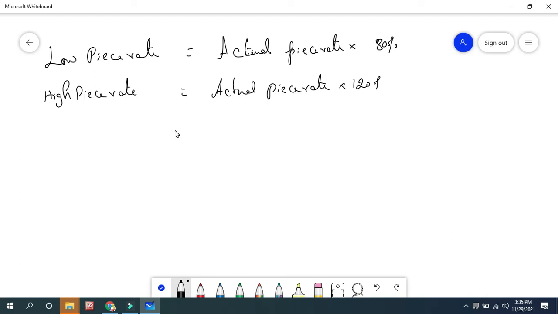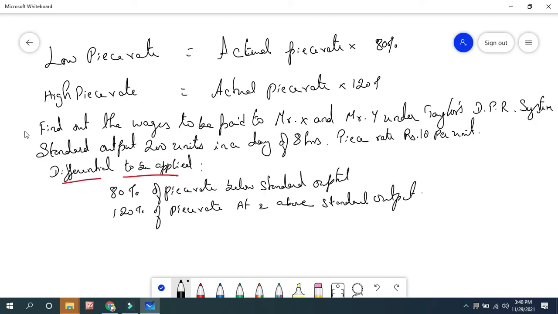So we have a question in Taylor's piece rate system, right? Find out the wages to be paid to Mr. X and to Mr. Y under Taylor's differential piece rate system.